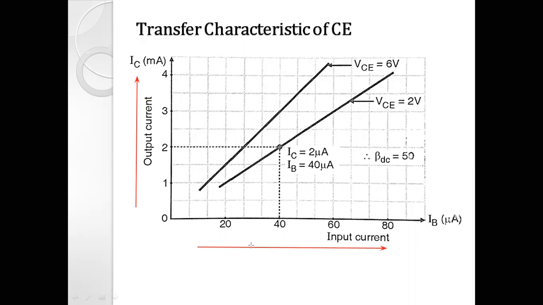So if I increase IB, IC also increases. For two different values of VCE, the relation between output and input current is shown, right? So the transfer characteristic is a linear characteristic when the transistor is in the common emitter configuration.